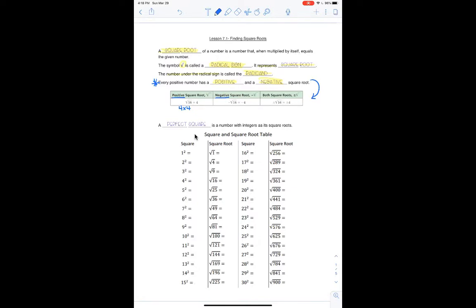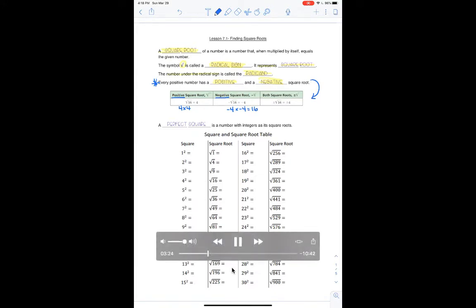Now for negative, you'll notice that there's a negative sign, un signo que es negativo, in front of the square root. So now you know that you're looking for a negative. We say there is a negative square root because we know negative times negative equals a positive. So that's why when we talk about square roots, we could have a number that's positive or a number that is negative.